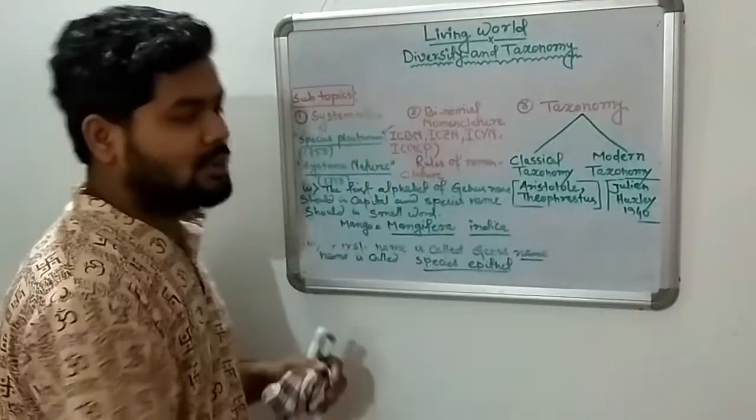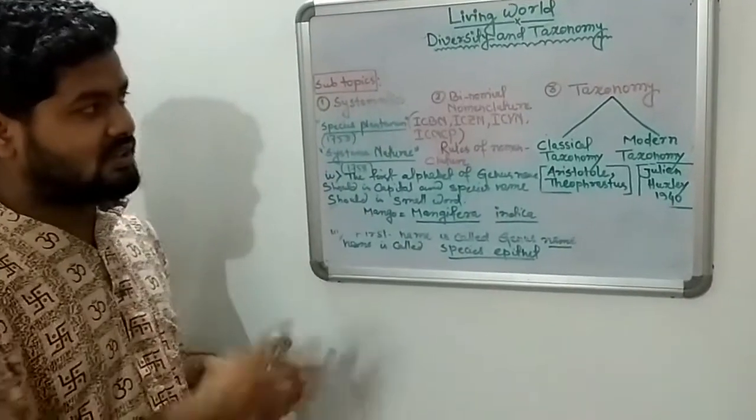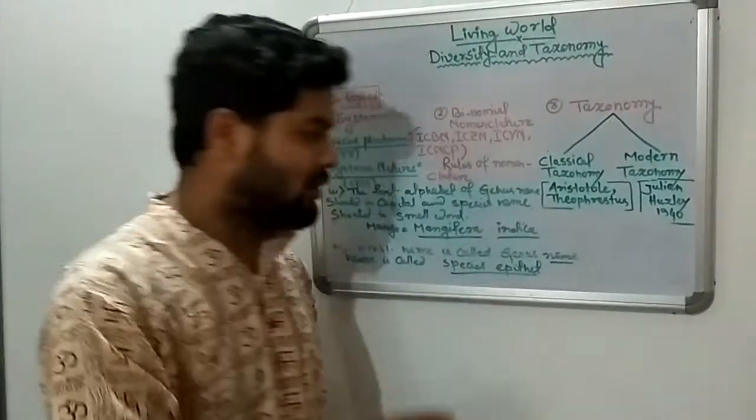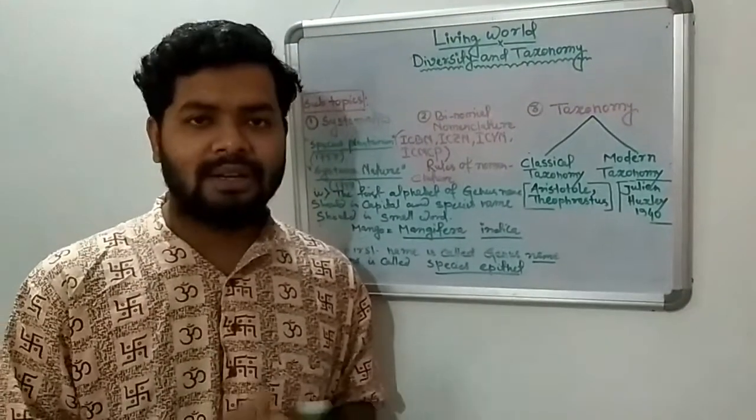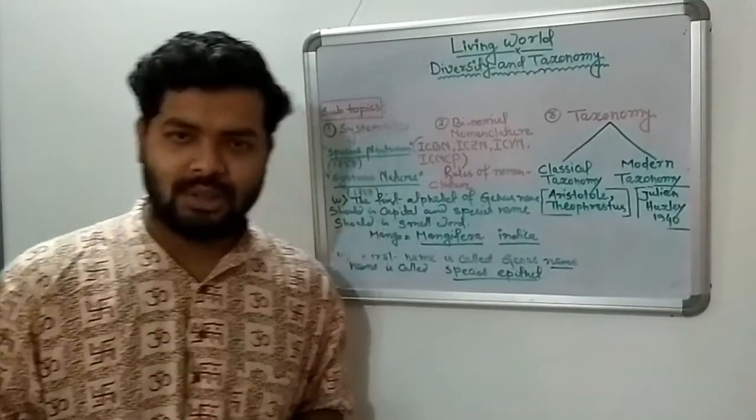So these are all the topics discussed in this chapter, diversity and taxonomy. Later on we will discuss classification more elaborately.